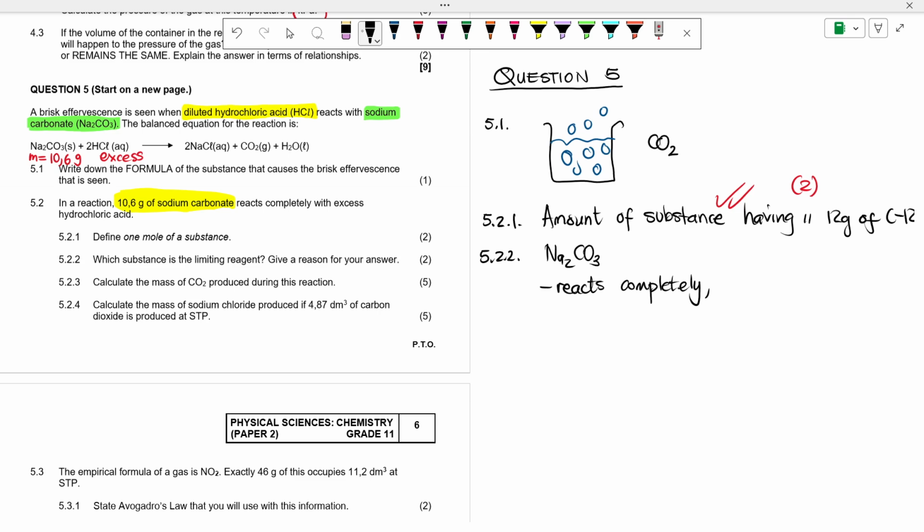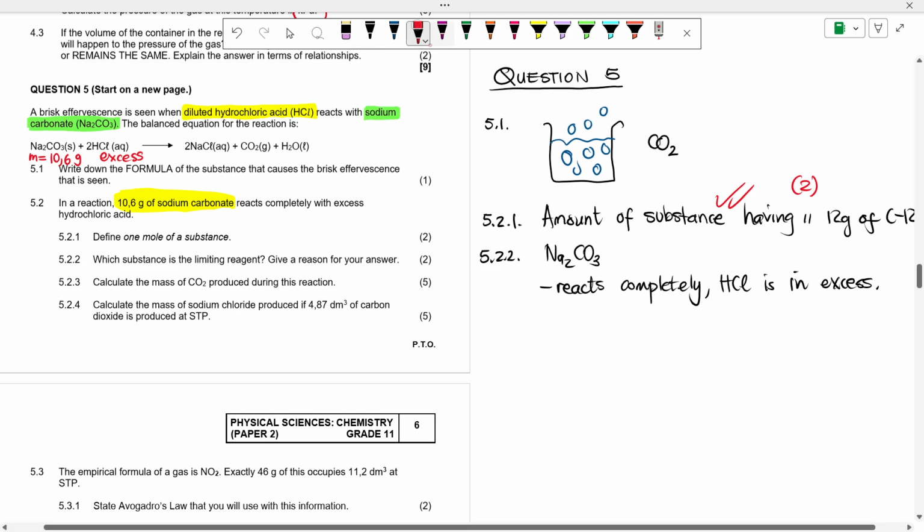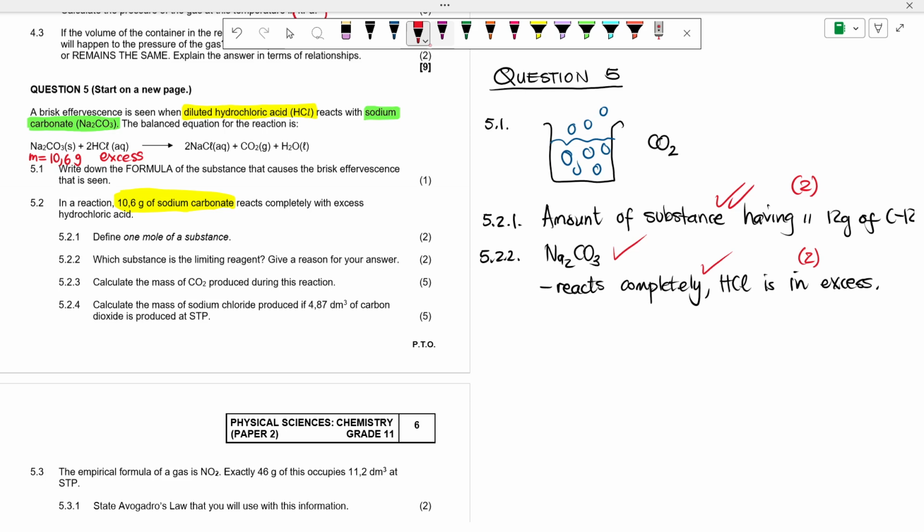They also said HCl is in excess. Good. Yeah, just make sure you mention all the points that you can see, so that you don't lose the mark. It's 2 marks, which means they're going to give you a mark for the answer and the reason that you give. So 2. Okay, cool. 5.2.3.